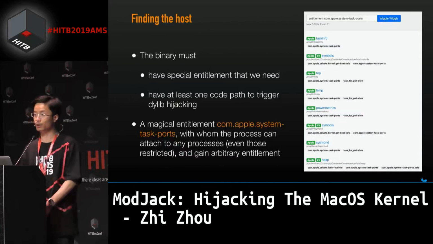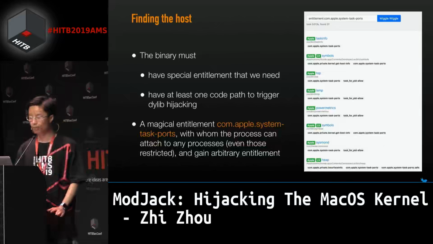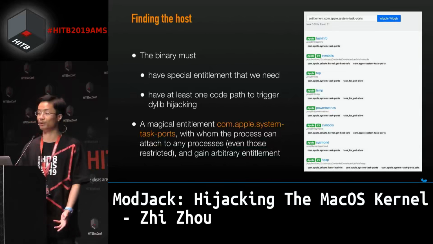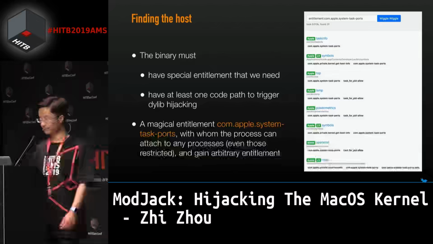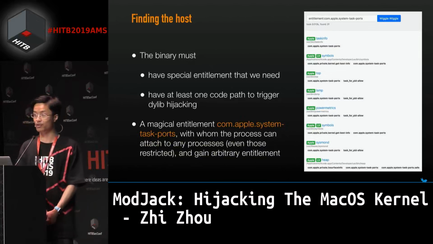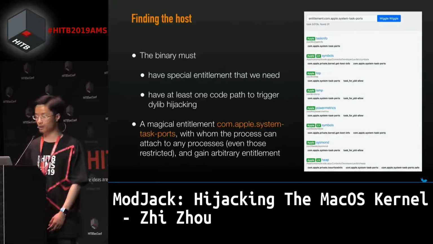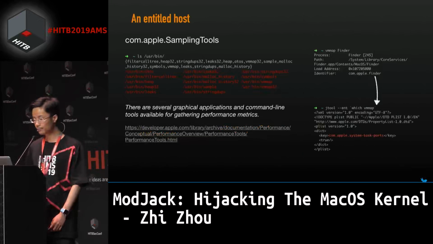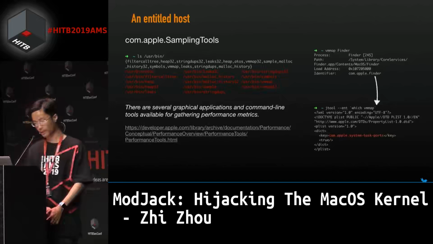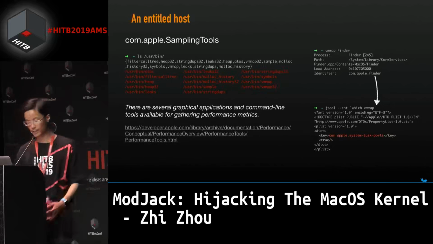And from this point, since we have the task port, we can gain arbitrary entitlements, anything we want. And here's the screenshot. I wrote a little search engine for searching such targets. And then here's our entitled host, the sampling tools.